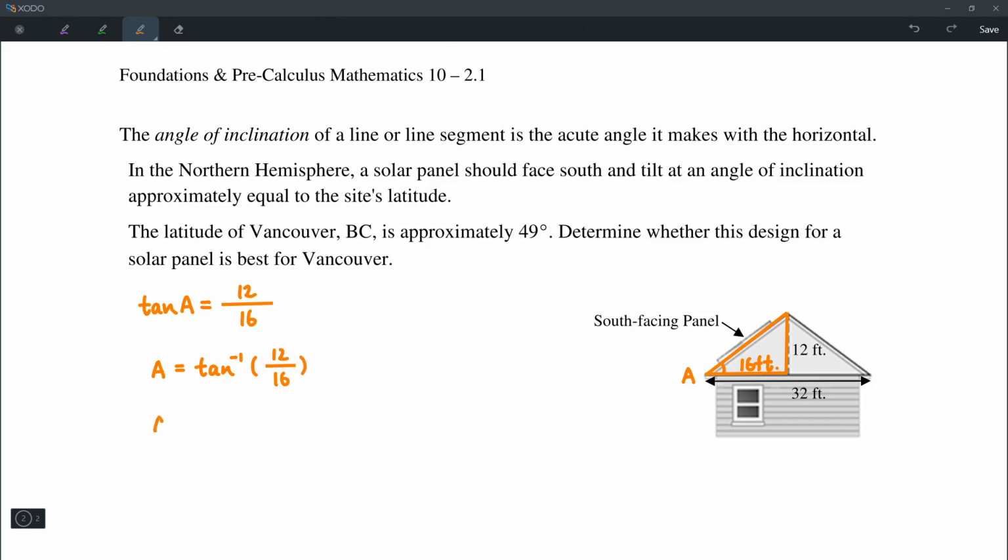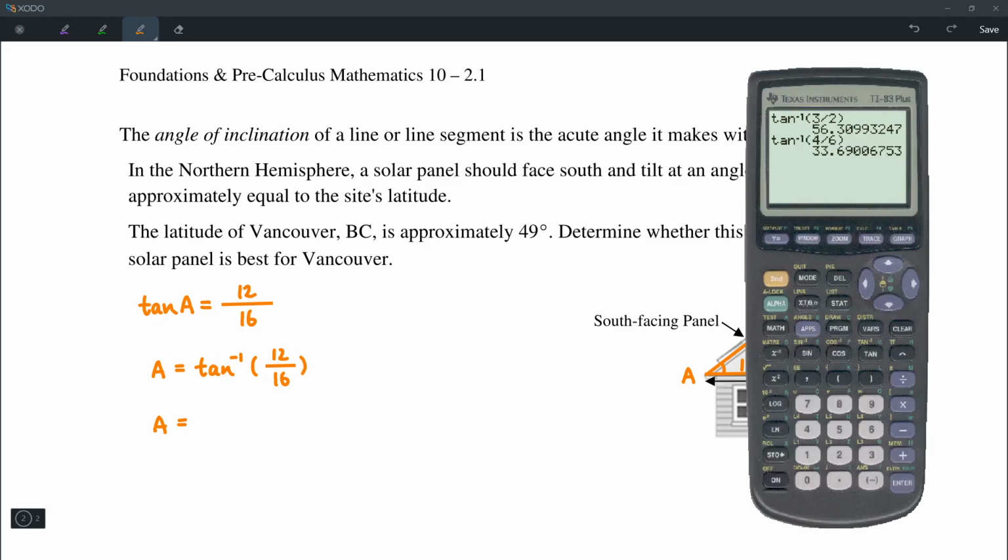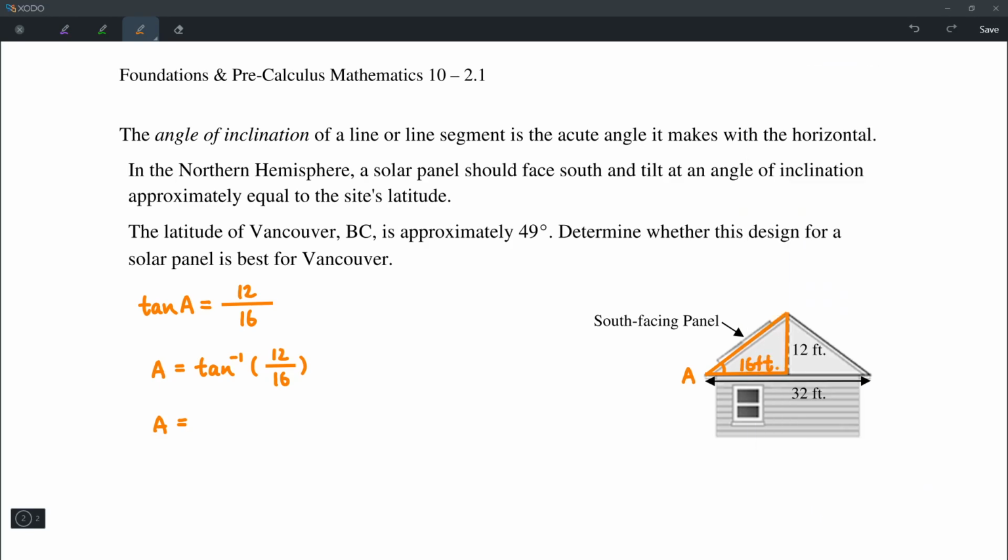And then we can get A by itself. So arctangent, or inverse tan, of 12 over 16, and we get approximately, so rounded, 36.87 degrees, which is not quite 49 degrees, so maybe it's not the best. You can increase the angle.